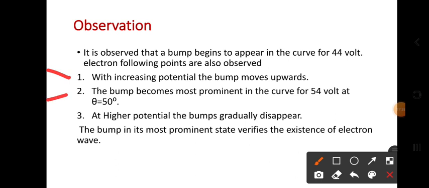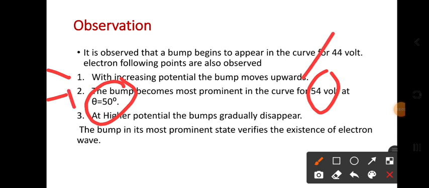Next, the second point: the bump becomes most prominent in the curve. It reaches the peak value at 54 volts, at an angle theta equal to 50 degrees only. So don't get confused: voltage is 54, angle is 50.